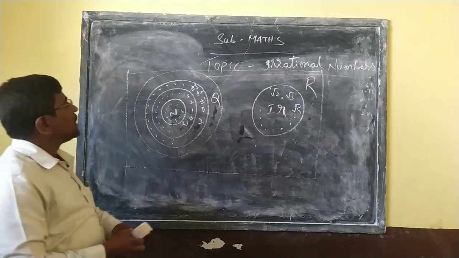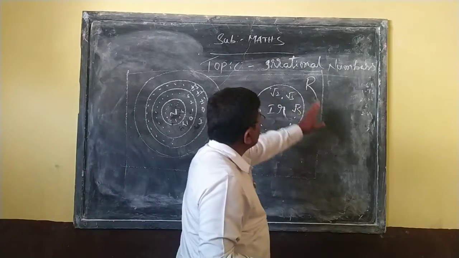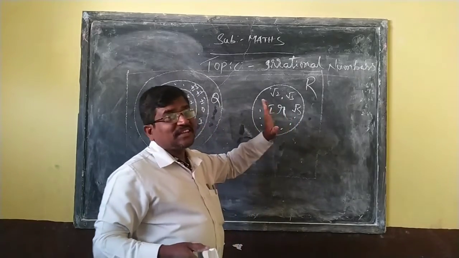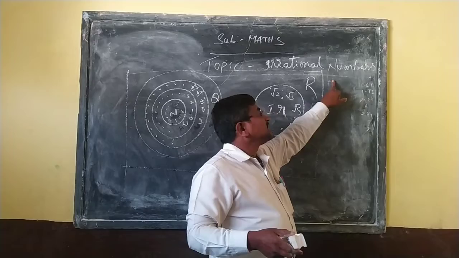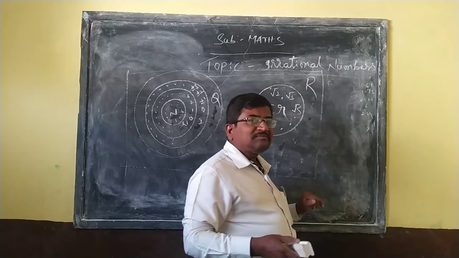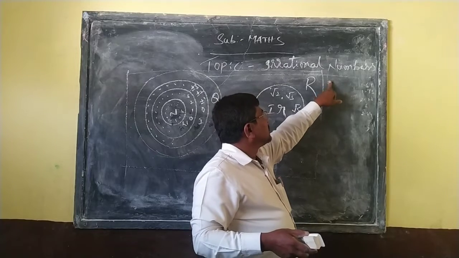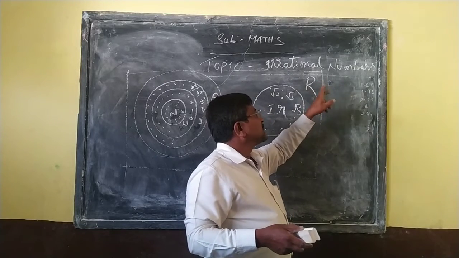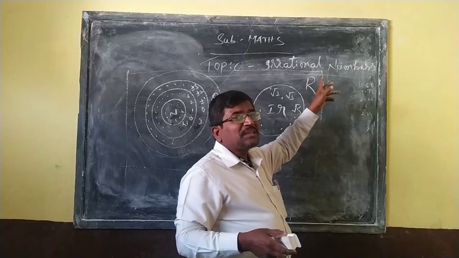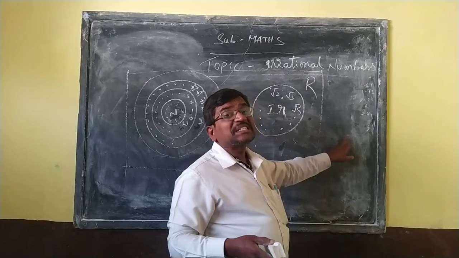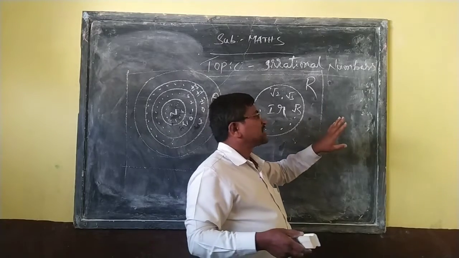Okay, students. Now I have completed this chart, and one more is there, that is the complex number that comes in higher classes. That is in PUC. A number that can be expressed in the form x plus iy is a complex number.